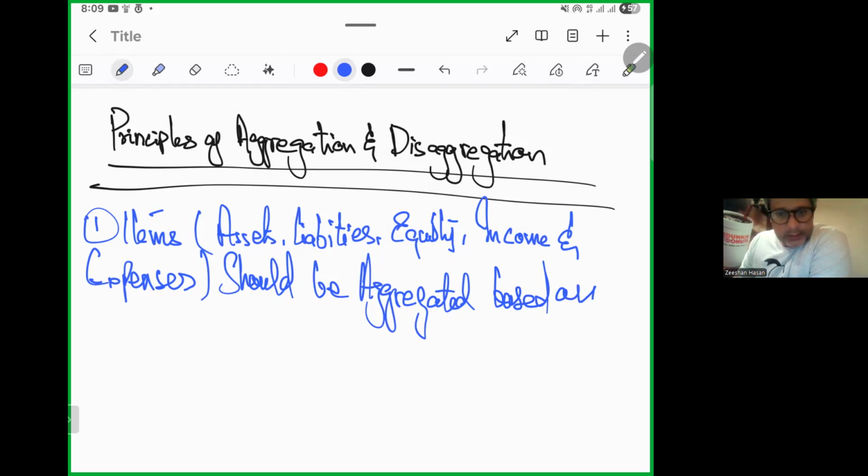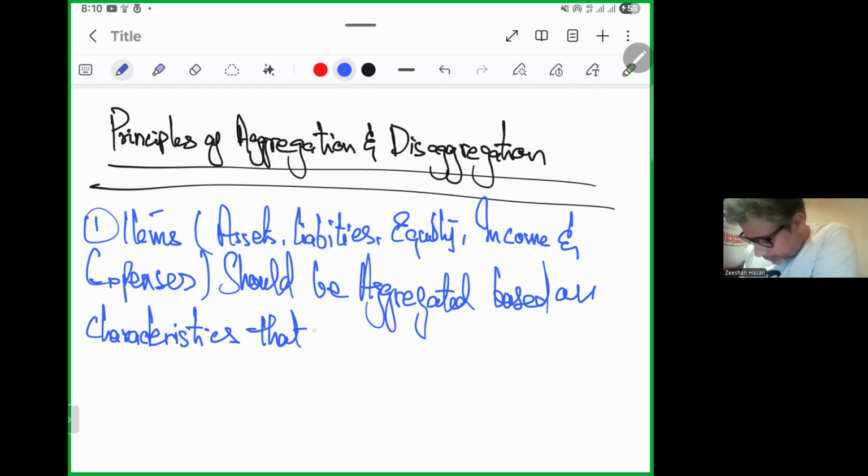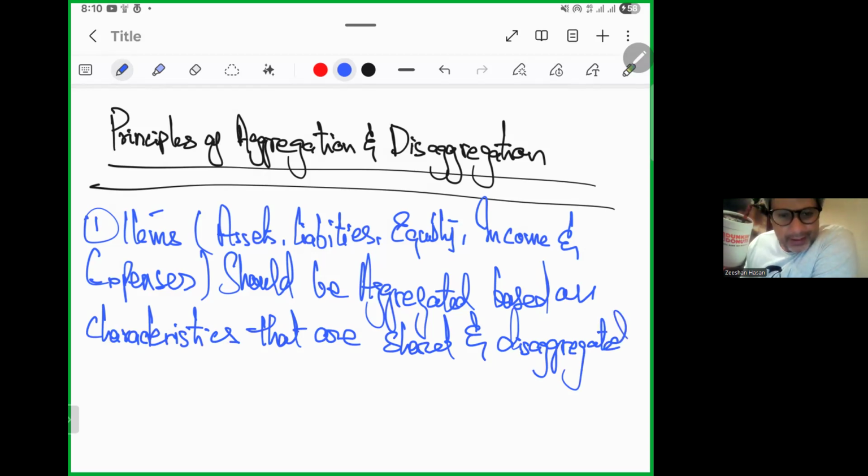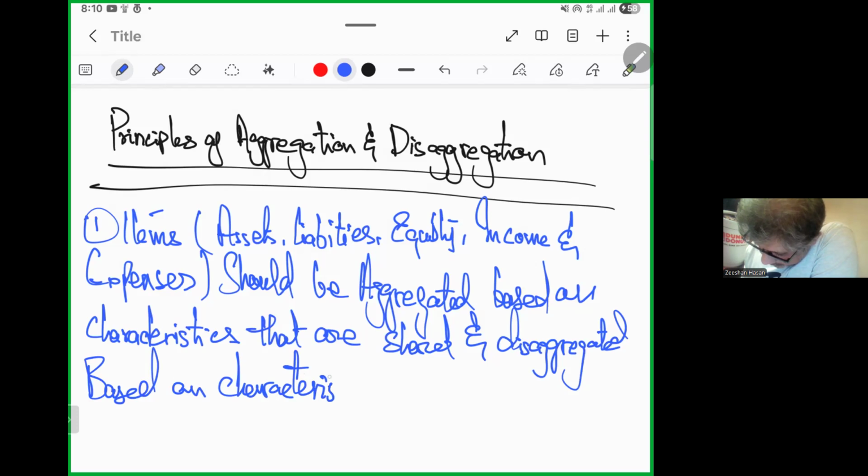based on characteristics that are shared and disaggregated based on characteristics that are not shared.